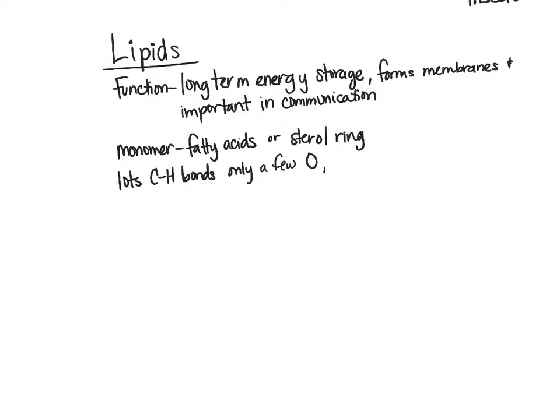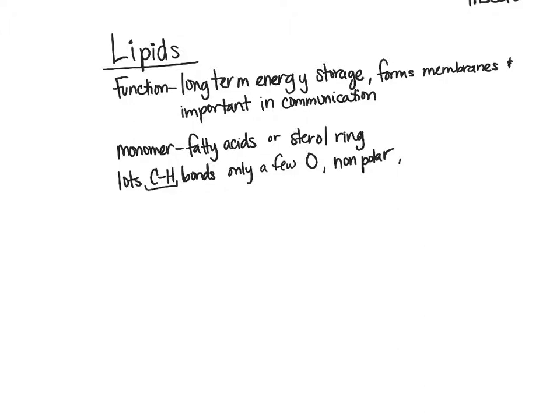If we are mostly made up of carbon and hydrogen bonds, are lipids going to be polar or nonpolar, do you think? Right, nonpolar, because remember, carbon-hydrogen bonds are not polar. Then, if they are nonpolar, are they going to dissolve in water or not?